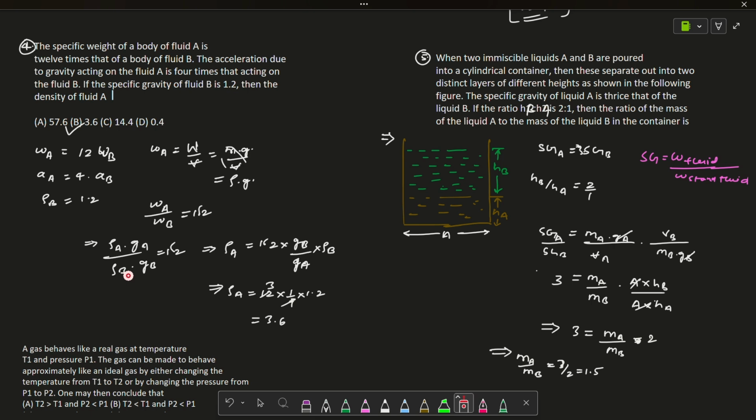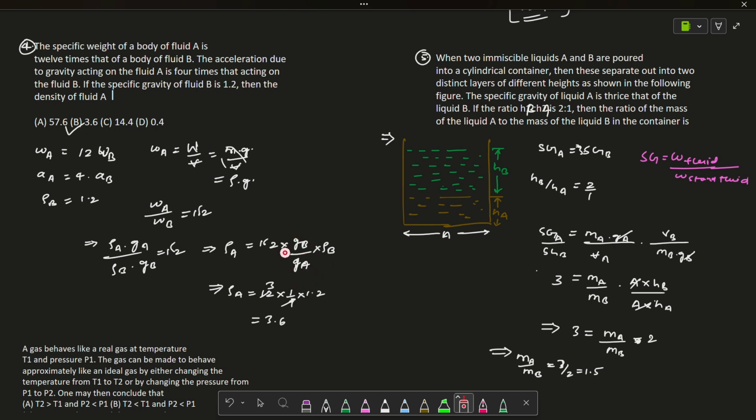In the left hand side, I just kept rho A because we have to find that only, and all other things are sent to the right side, right? So 12 into GB by GA. Here GB is in the denominator and GA is in the numerator, so by moving it to the right hand side, it becomes GB divided by GA, and rho B in the numerator again.